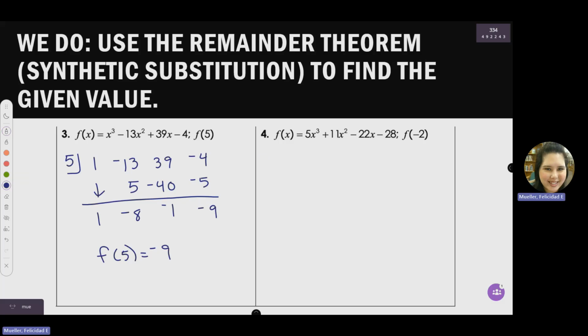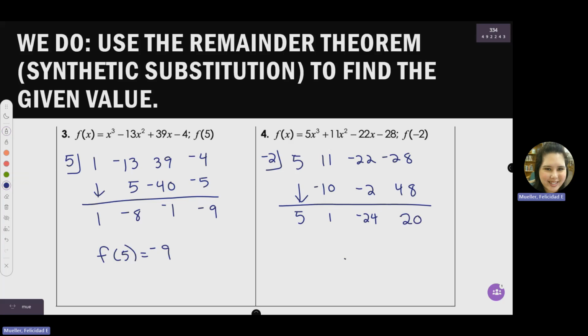For the next one, we're going to do negative 2, 5, 11, negative 22, negative 28. We get 5, negative 10, 1, negative 2, negative 24, positive 48, so 20. So f of negative 2 is going to be 20.